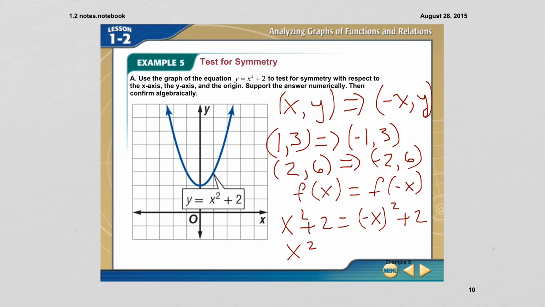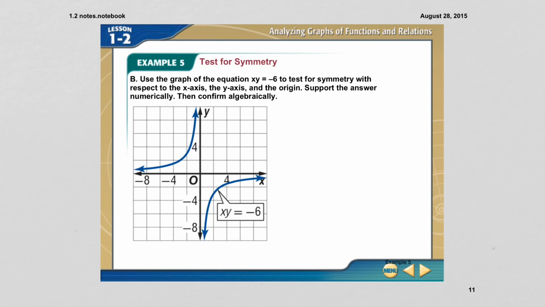Okay, when I simplify the right-hand side, I get x squared plus 2. Since f of x is equal to f of -x, then we have symmetry with respect to the y-axis.